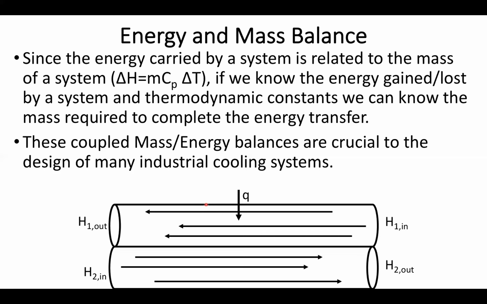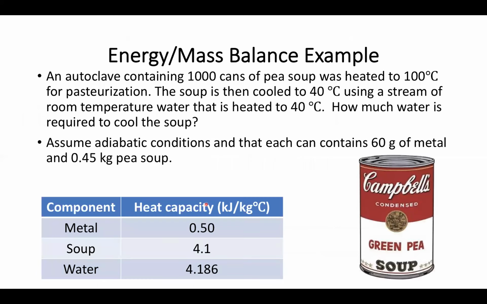So let's try and apply this to a real kind of system. Let's deal with that rare case, a batch system. Let's say I've got an autoclave that's needed for the pasteurization of good old-fashioned Campbell's pea soup.